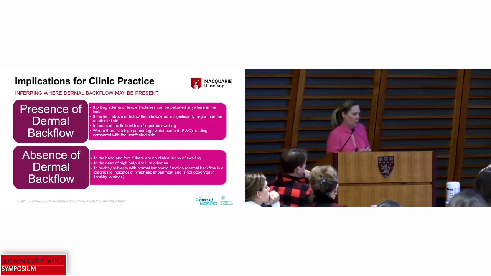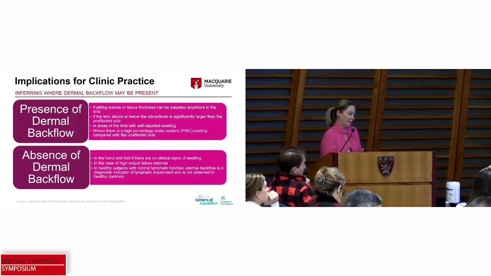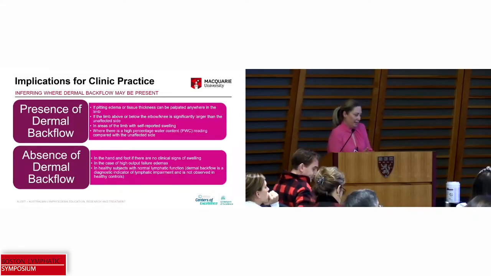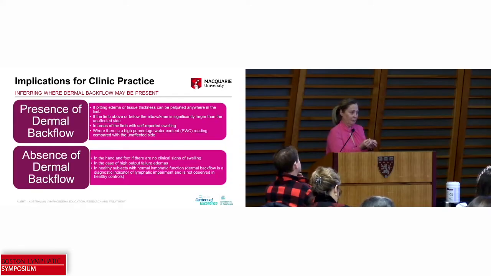All right, so in inferring where dermal backflow may be present, these are guidelines. This is not cut and dry, but these are guidelines. If the patient has pitting edema, or on palpating their skin and tissues, if thickness can be palpated anywhere in that limb, then you can almost bet your life on the fact that dermal backflow will be there.